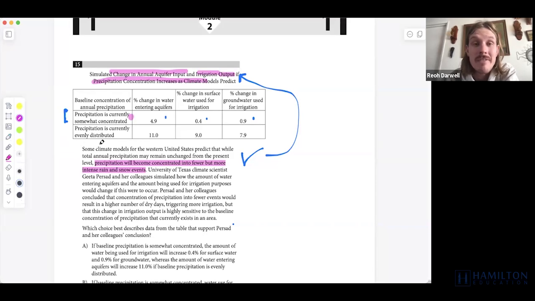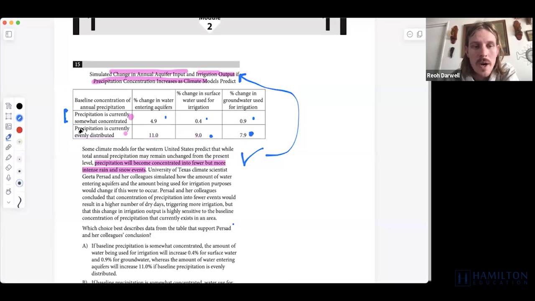Now, places where rainfall is more evenly distributed, like the Rocky Mountains, where it snows a lot in the wintertime, but it also rains a lot in the summer because of thunderstorms coming from the Midwest, right? If those areas get more concentrated, we see a much higher use in surface water for irrigation and a much higher use in groundwater for irrigation, right?